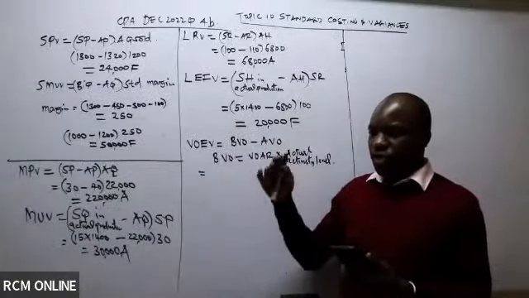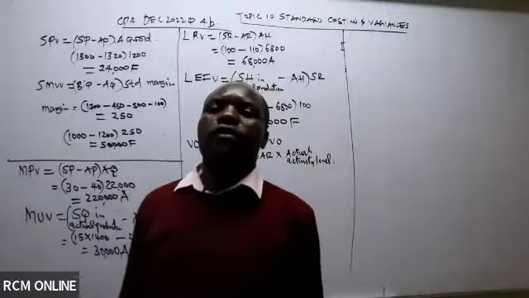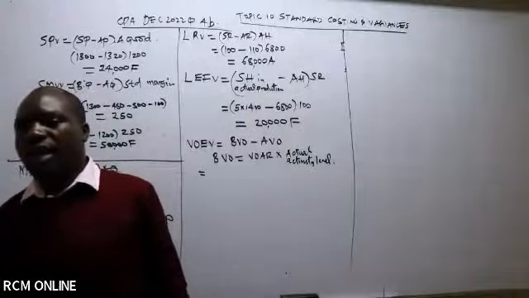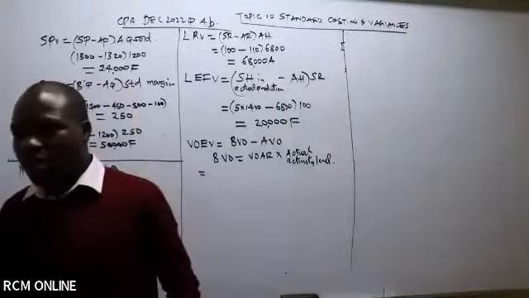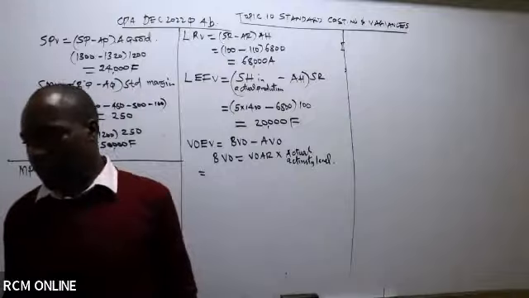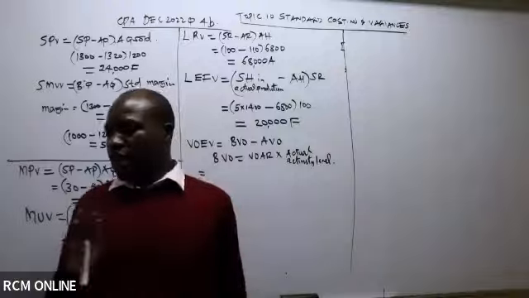So what is this variable overhead absorption rate? It is dependent on labor hours. If you go to the budgeted statement or standard cost card, you are able to see the variable overhead rate per direct labor hour, and that gives us the overhead absorption rate. So look at the question. You have it there. You don't even need to calculate anything.